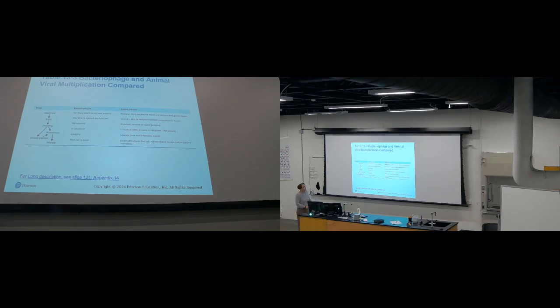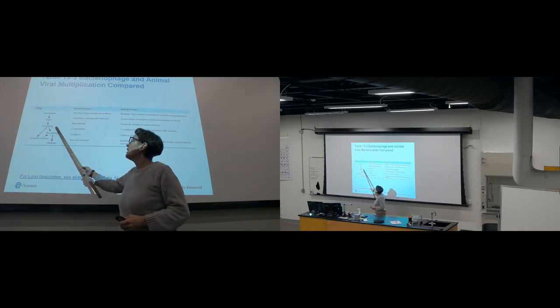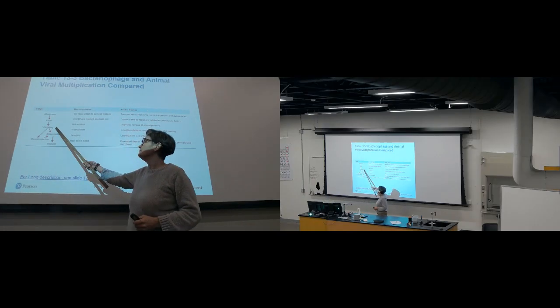Now, mode of replication for animal cells is the same steps. So you will have attachment, and then entry, which will be penetration, and you have maturation and release. But in this case, for animal cell viruses, you have to have uncoating.